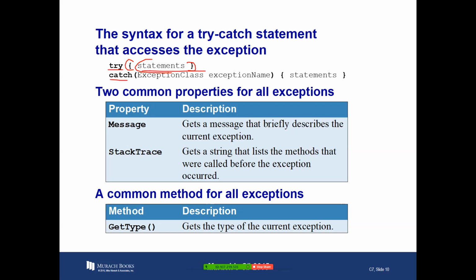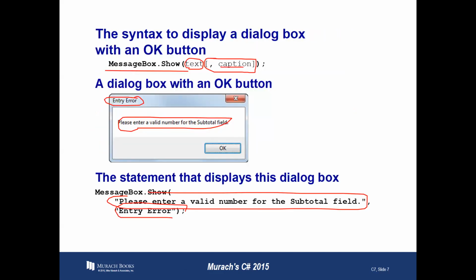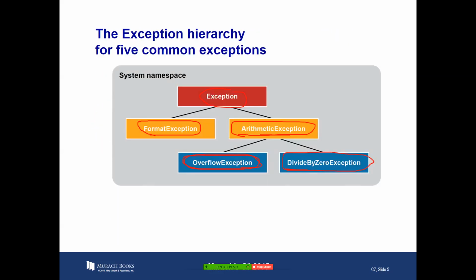This is actually optional. You don't have to have it, but if you do, then it specifies what type of exception this catch statement is intended to catch. And you can have more than one catch statement, because you can have this hierarchy of exceptions, which we saw back here.